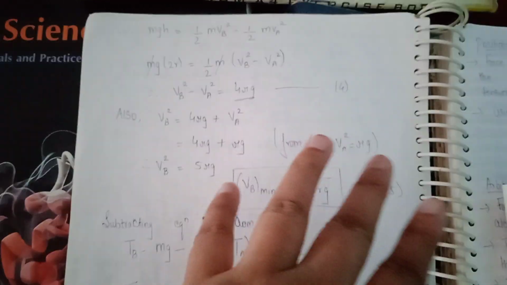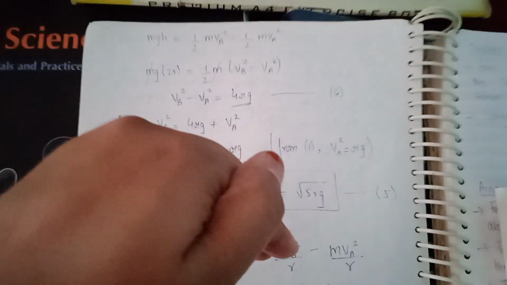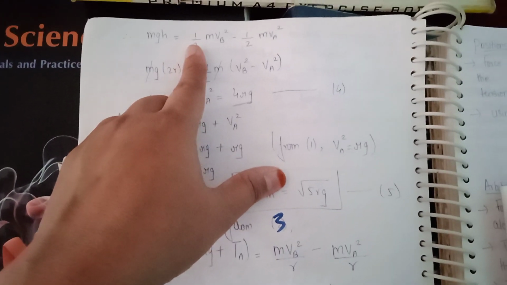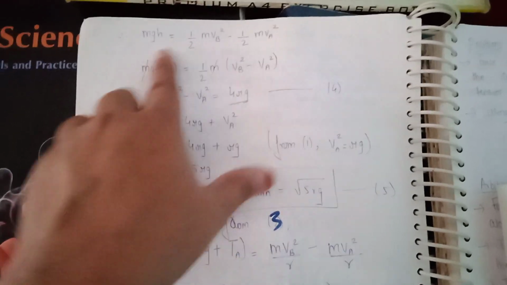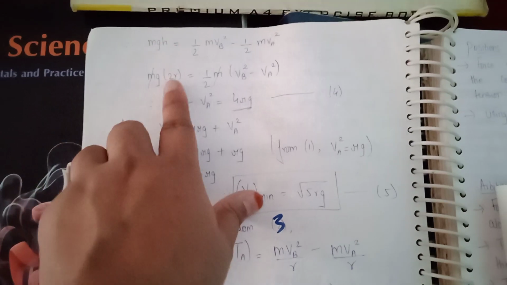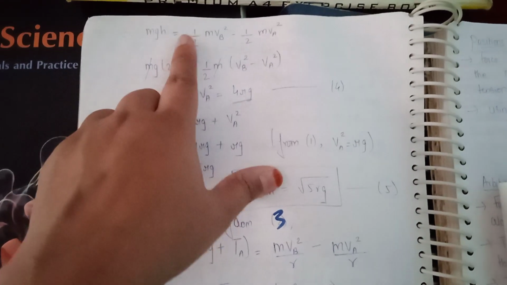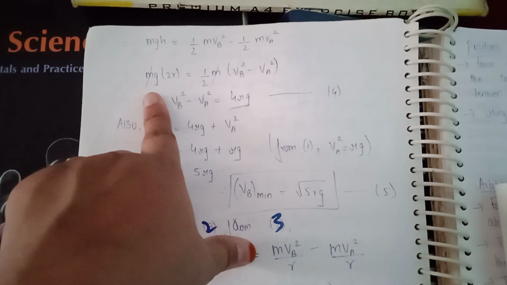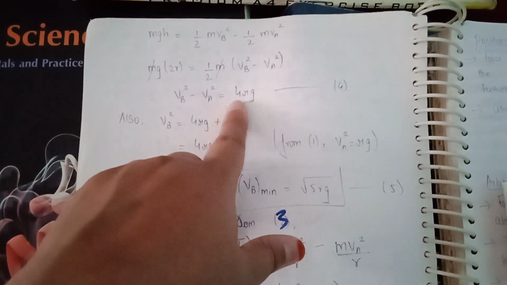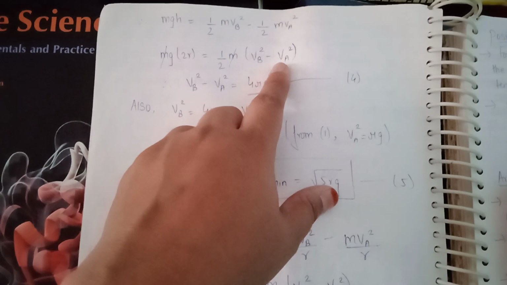We just spoke that it is from A to B. So the kinetic energy will be half m vb square minus half m va square equals mg, and the displacement is 2r, so h will be 2r. Half m will be common, so vb square minus va square, the 2 will go there to give 4rg, so vb square minus va square is equal to 4rg.